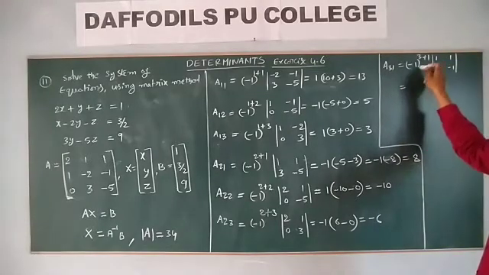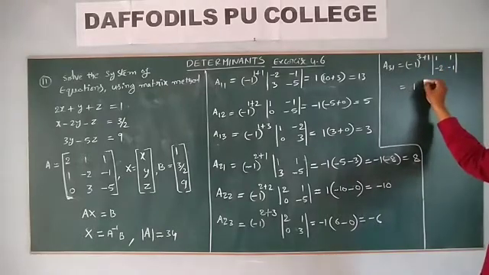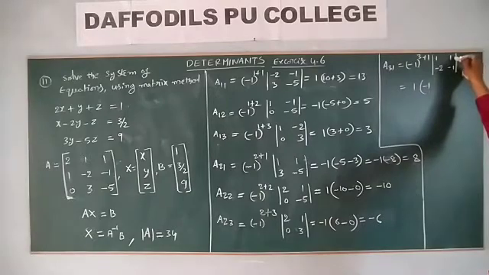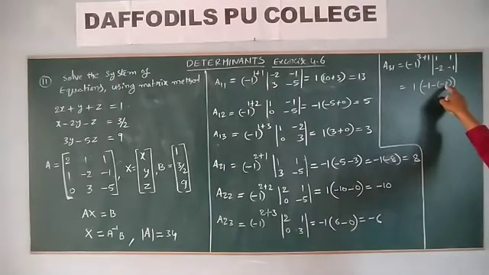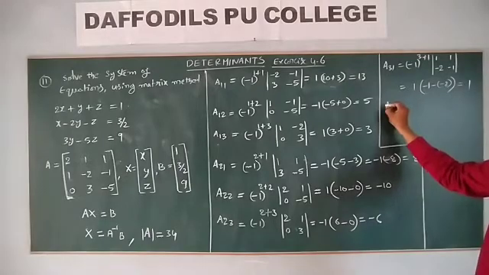This is equal to minus 1 to the power of 3 plus 1, an even number, plus 1 times minus 1 minus 2 into 1. This is equal to minus 1 plus 2, which is 1. Next.